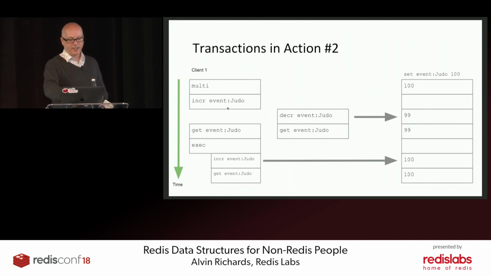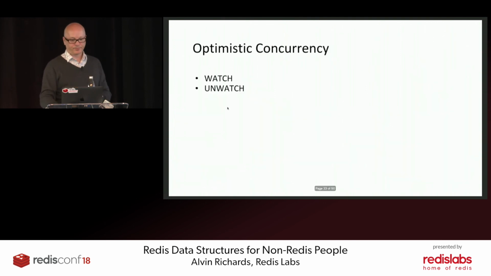And so the second client, when it does a get, it sees the current value, because the first client is simply queuing up those items. Those items aren't being executed. They only get executed when the exec command is run. And so each one of these clients is seeing an isolated view of the data, even if the keys are being changed by both clients at the same time, depending on whether one's doing an immediate change or one's doing a deferred change through a transaction.